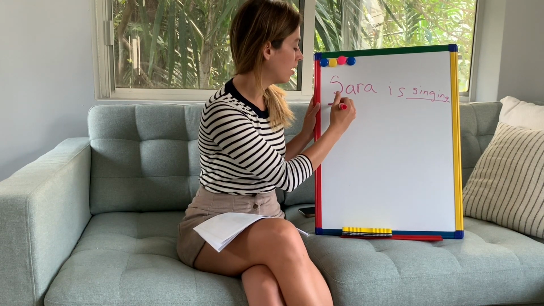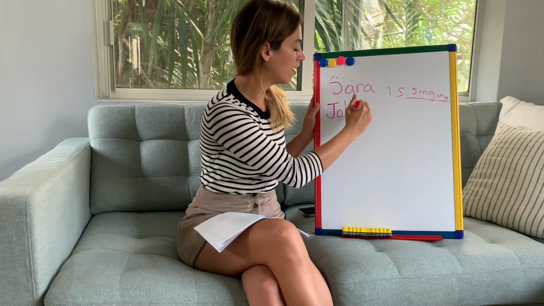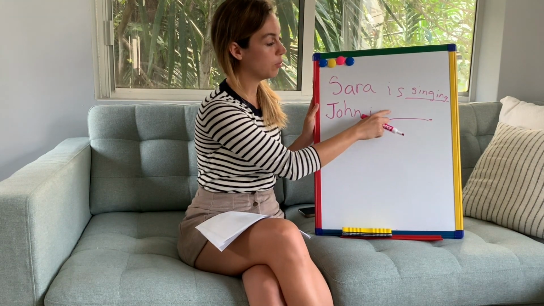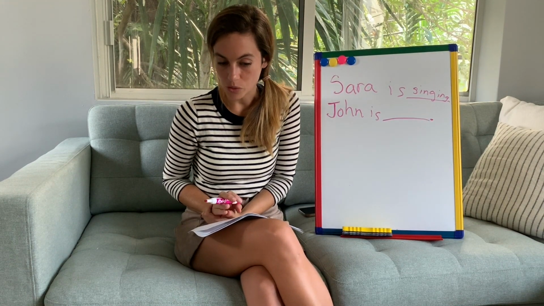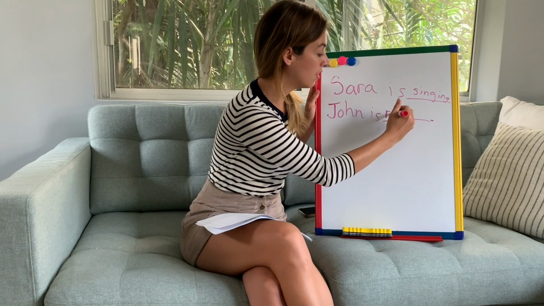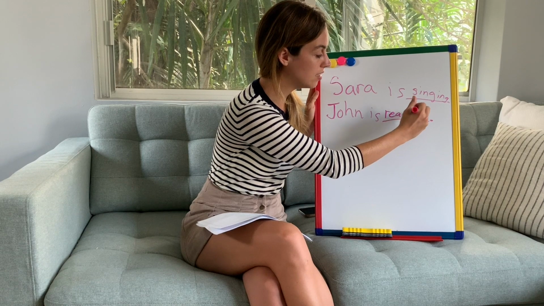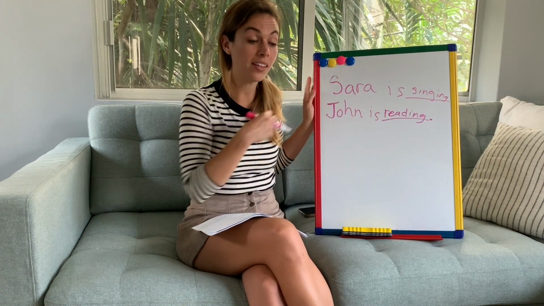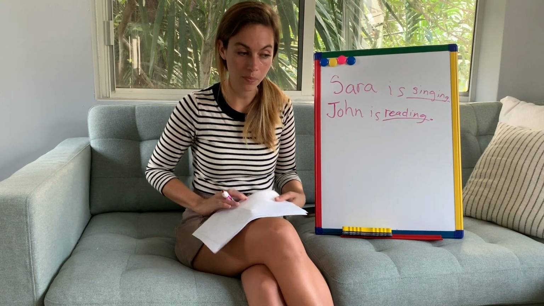Okay. John is blank. What's a verb we could say there? What could John be doing? Reading. Good. John is reading. So reading is our verb. Something that John is doing. Good.